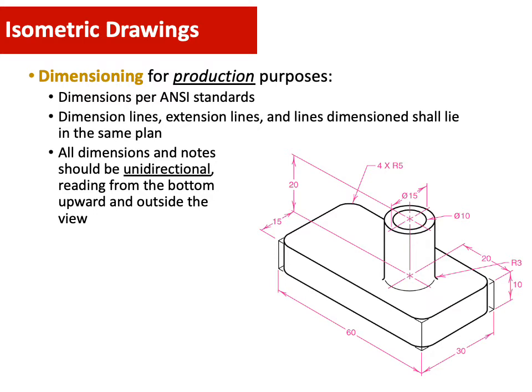So for production purposes, they mostly put in the ANSI standards, and the dimension lines, extension lines, and leader lines are in the same plane. So if you have this object, all the lines need to be in the same plane.